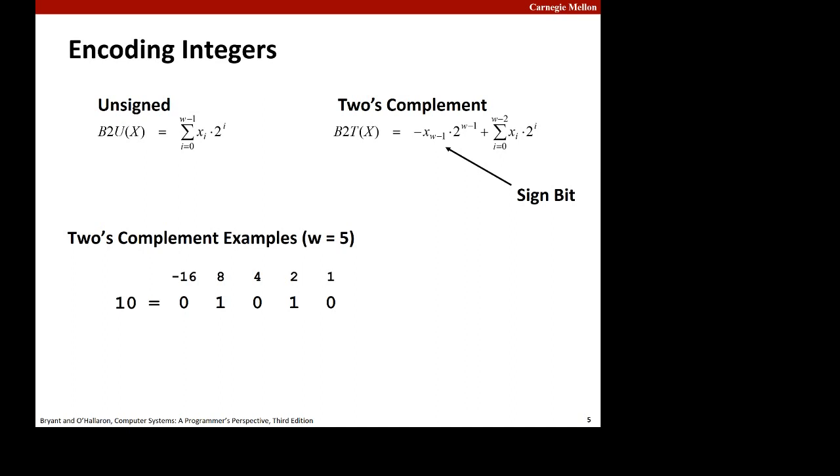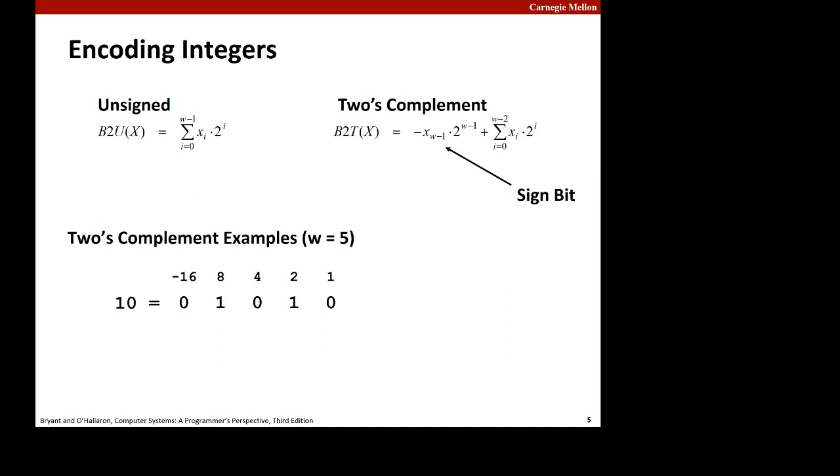The way that works is by making the most significant bit have a negative value, so that if it's set, it makes the number very negative, and then you can add back some more positive bits to bring it back closer to 0.